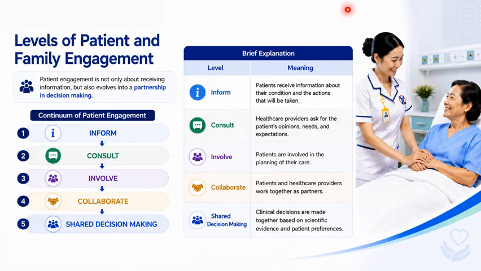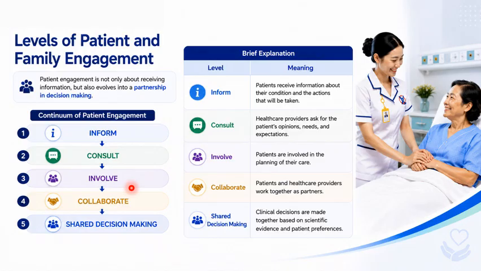In summary, we can conclude as follows. We have the principle of patient and family engagement. To inform means that I am informed, my family are informed. To consult means I have been asked, and my family also has been asked. To involve means that we are in this together, we are included in this plan.